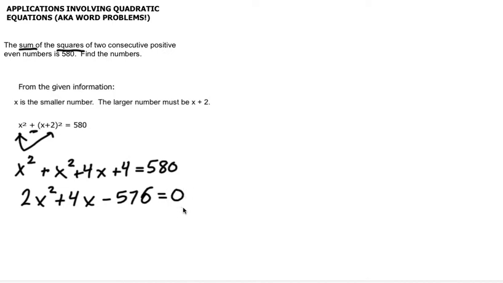Why did I set it equal to 0? Because remember, in order to solve a quadratic equation, I want to set my values equal to 0. Then I can factor these values.